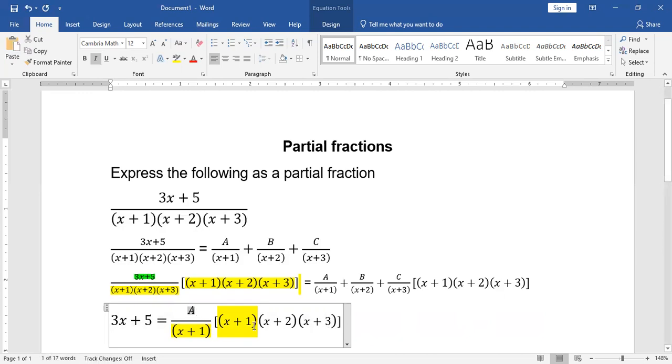So this technically will look like this. Because this and that will cancel, it will just be A multiplied by open brackets x plus 2 close brackets, open brackets x plus 3 close brackets.